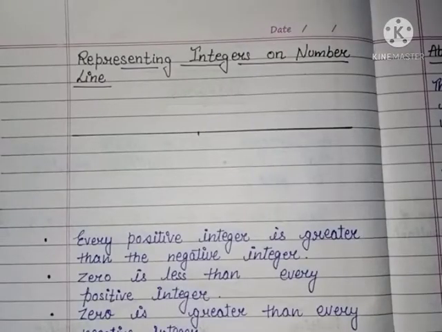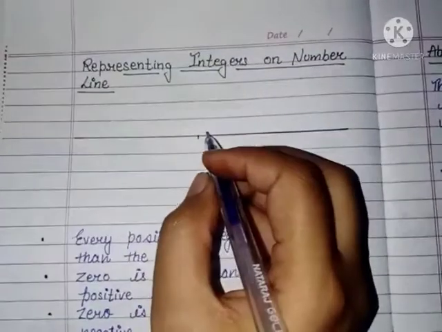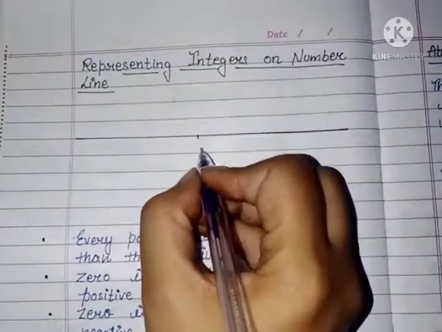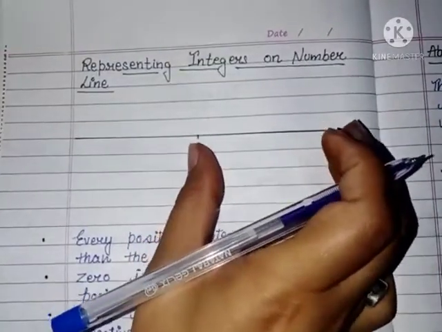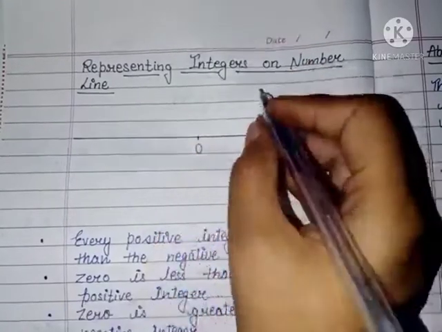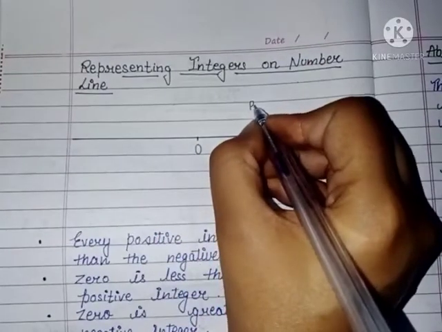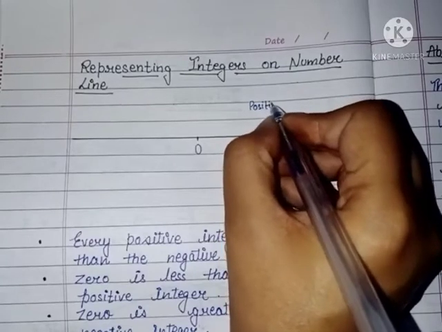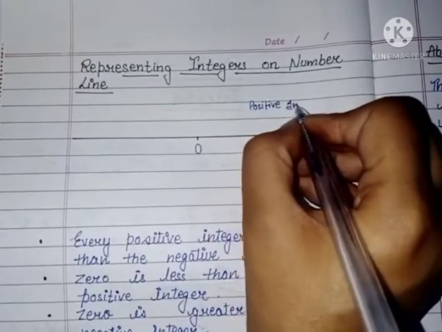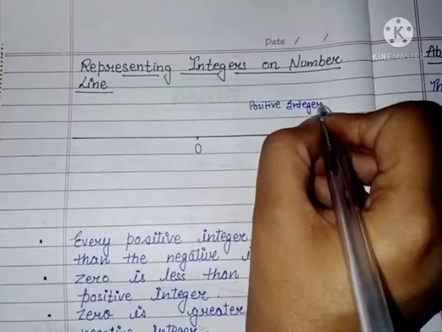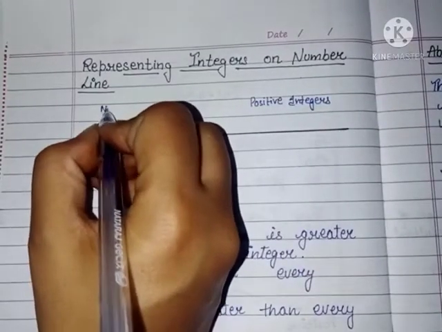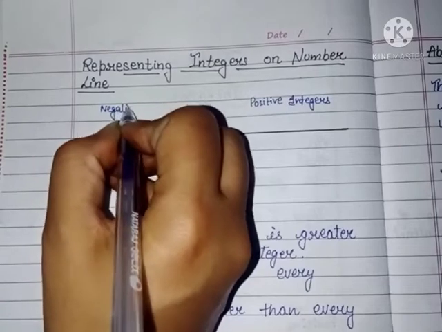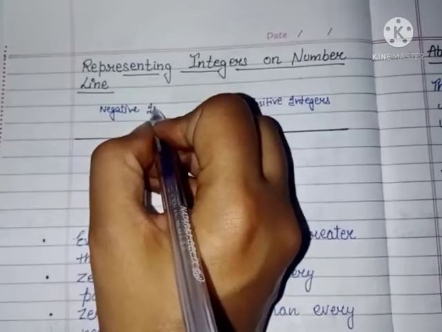Now let us understand how we can represent integers on the number line. In the middle we put 0. On the right side of 0 there will be positive integers, but on the left side there will be negative integers.